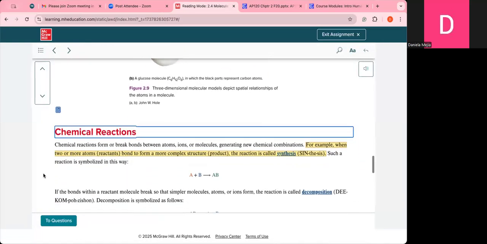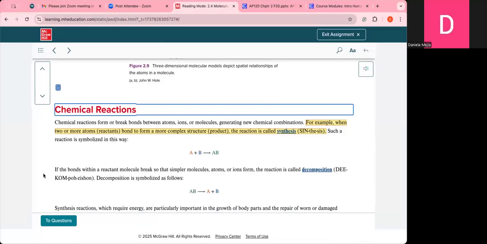Okay, so chemical reactions form or break bonds between atoms, ions, or molecules, generating new chemical combinations. For example, when two or more atoms, reactants, bond to form a more complex structure called a product, the reaction is a synthesis.